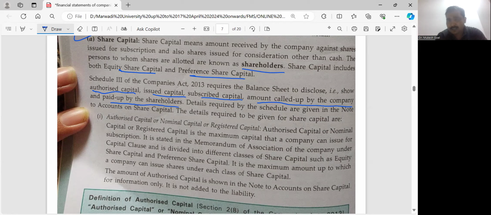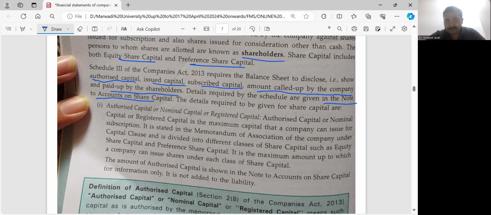Details required by the schedule are given in the notes to accounts on share capital. Notes to accounts are prepared for the details of authorized capital, issued capital, subscribed capital, the amount called up by the company, and the amount paid up by the shareholders.